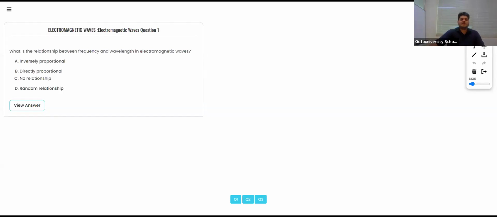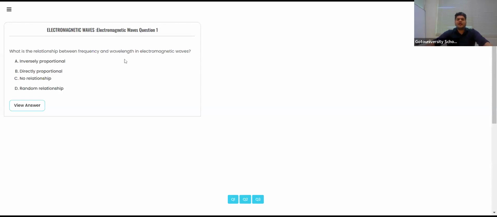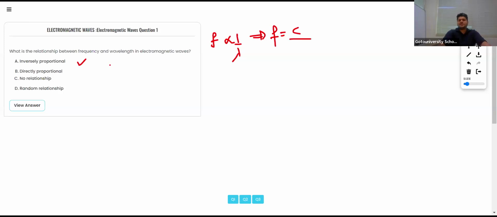Frequency and wavelength are inversely proportional. So option number A.